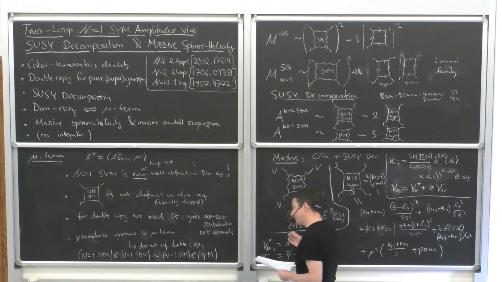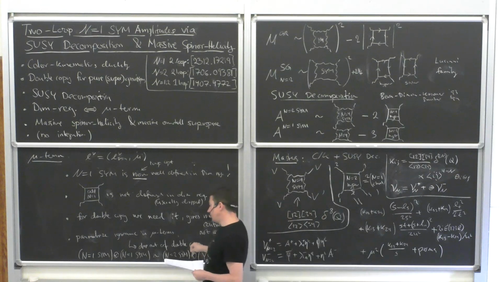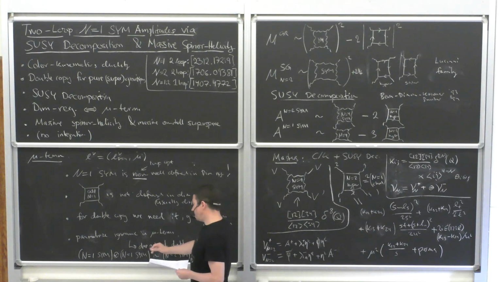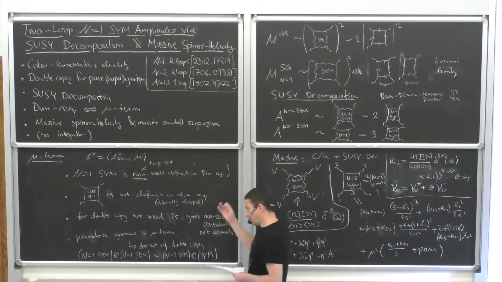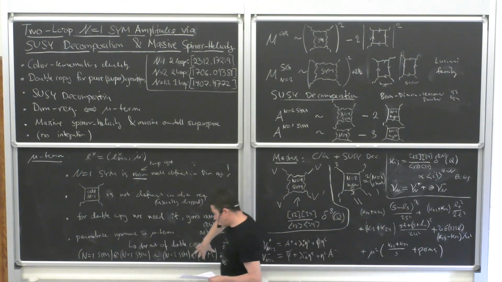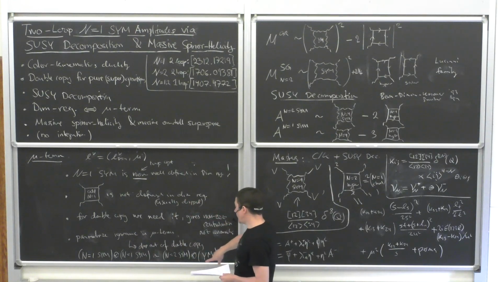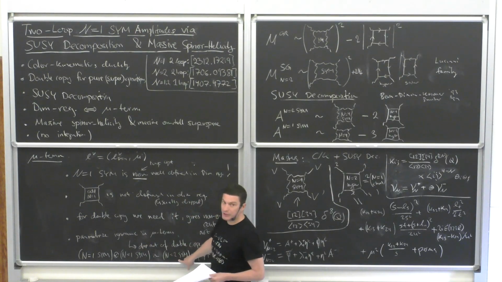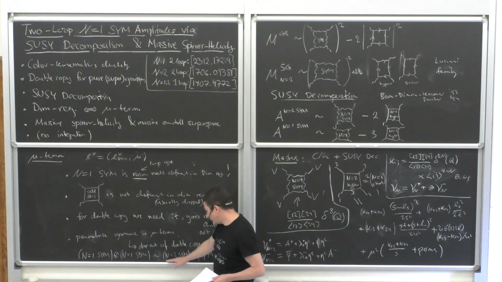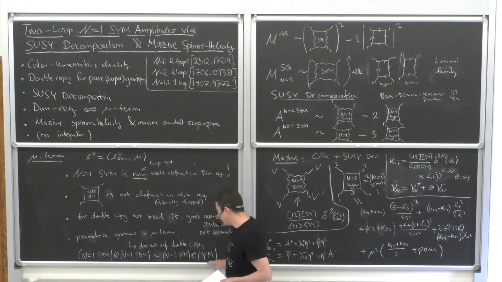There is a slight difference. The slight difference is that there are some extra matter multiplets that differ. But we can always control that. We can always subtract out those matter multiplets. And then you can actually check that these two double copies give the same answer. And now, since this is n equals 2, we can actually uplift this to 6D, because we can do n equals 1 in 6D, and we can do Yang-Mills in 6D.